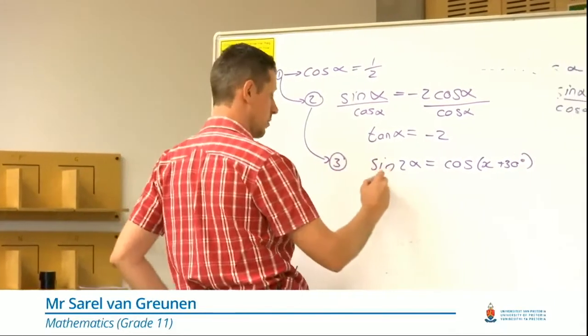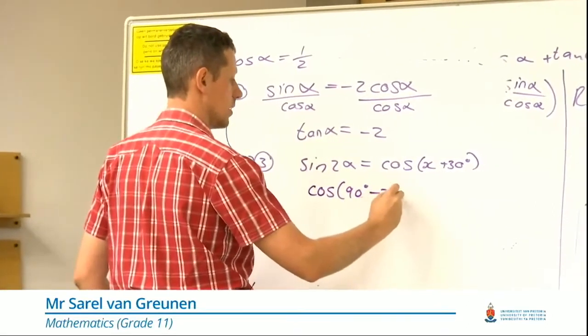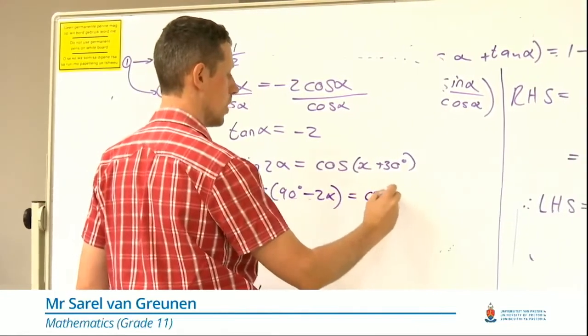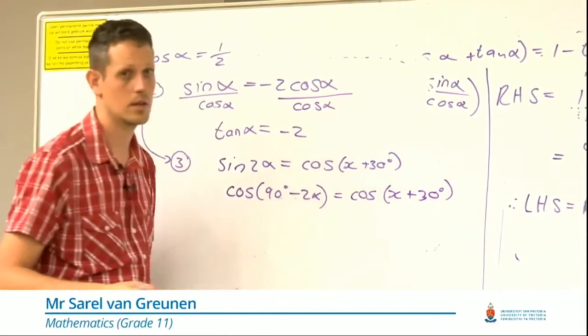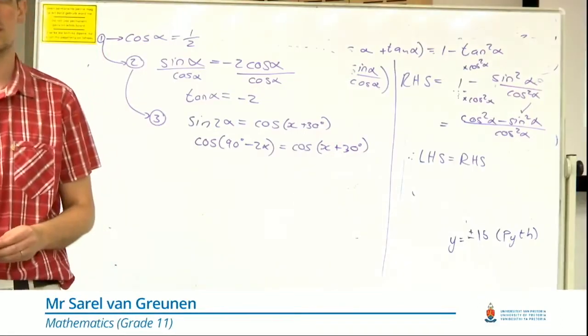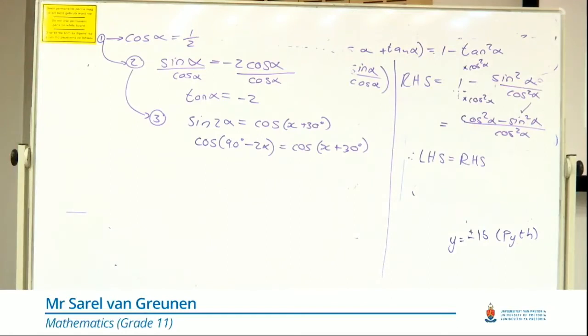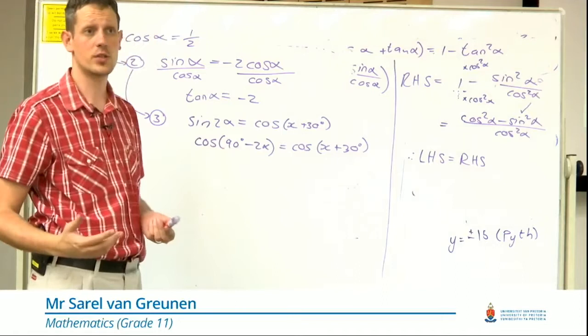Now, in this case, the sine is simpler to change. Because I can then simply make this cos(90 degrees minus 2 alpha) equal to cos(x plus 30). Everyone's all right with that? But now, you've got to go and look at how your teacher taught it.